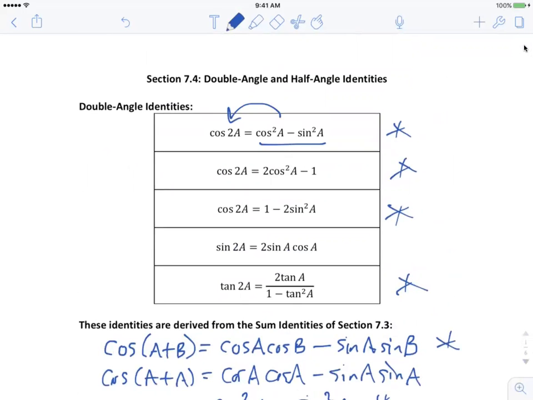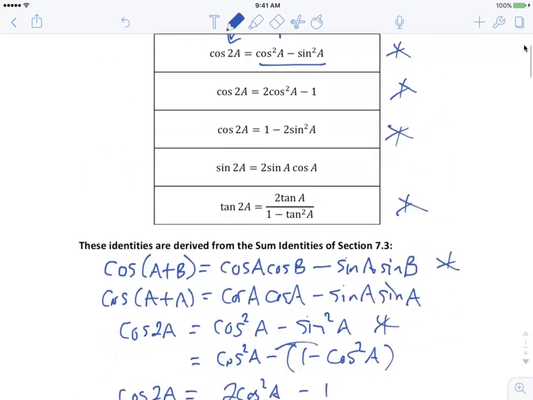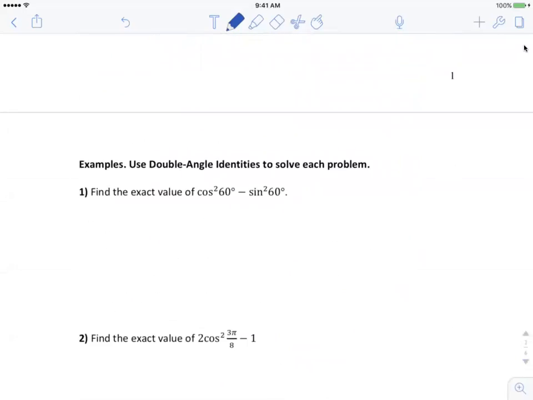It's cosine 2 times 60 degrees, right? So this is equal to cosine of 2 times 60, which is 120. And then that is a value on the unit circle. So we'd have to take it one step further. It's in the second quadrant, so I know cosine is negative.